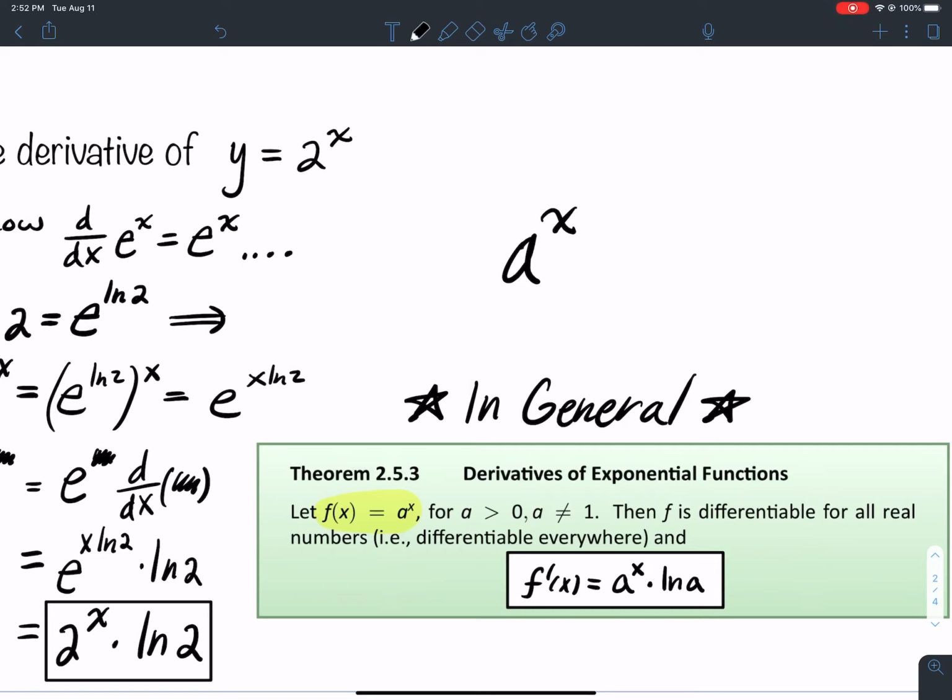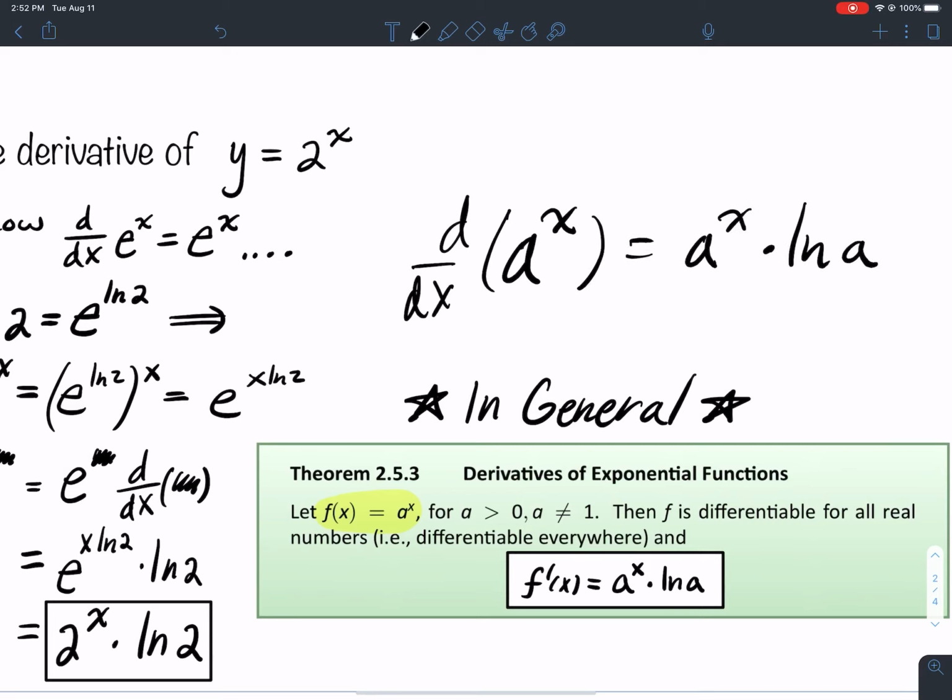So a to the x is differentiable for all real numbers, and the derivative of this is equal to a to the x times the natural log of a. All right? So that is the general rule.